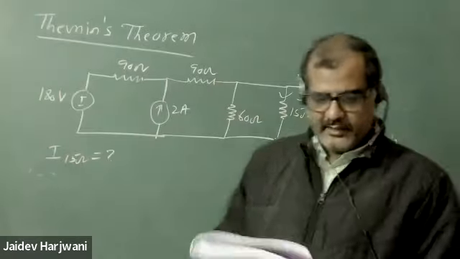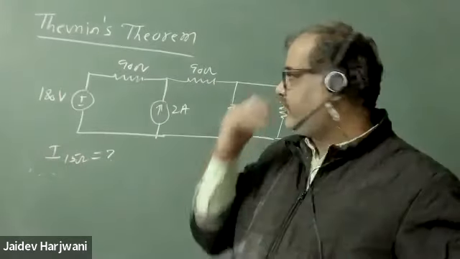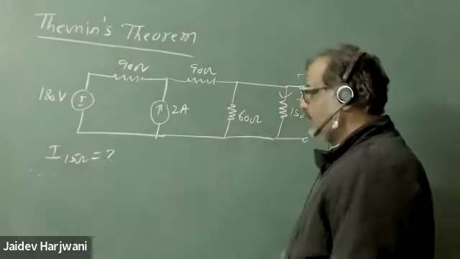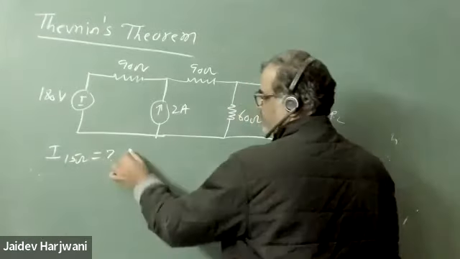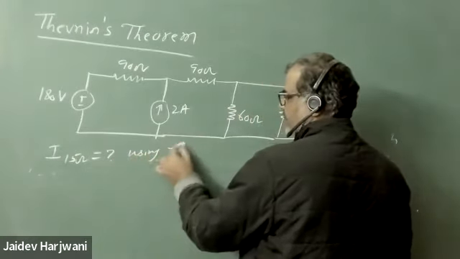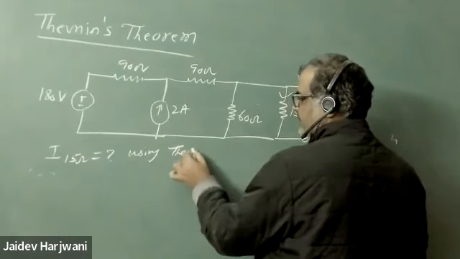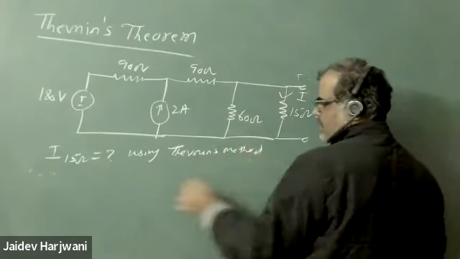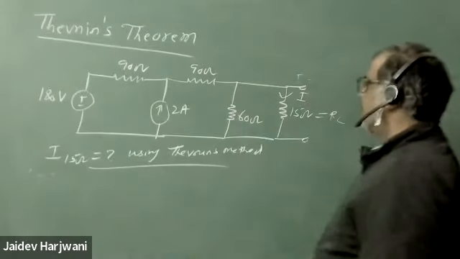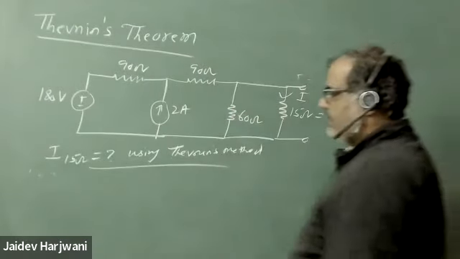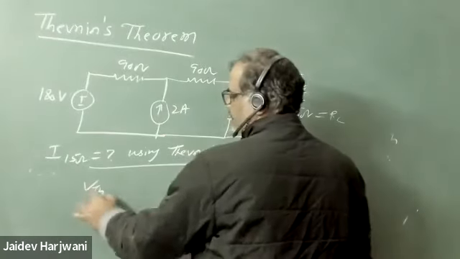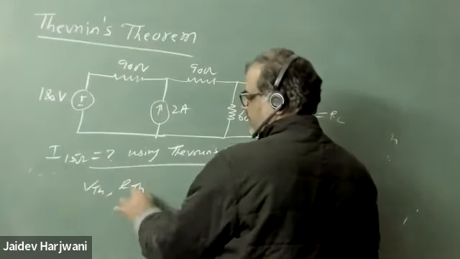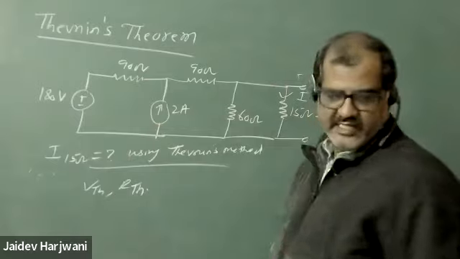Now I'm calculating using the Thevenin equivalent circuit. So find I using Thevenin's method. Same thing with Thevenin's method, we need VThevenin and we need RThevenin. So let us first calculate RThevenin.